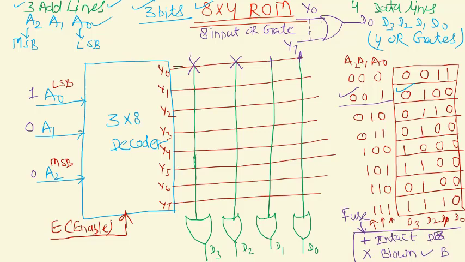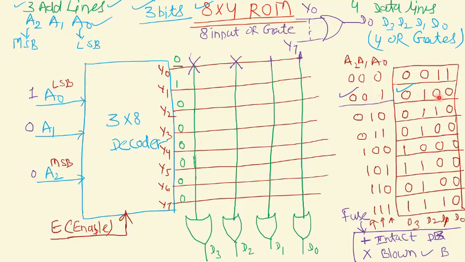Okay, so like this, at the Y1 there will be 1, and all others will be 0. And at this memory location 0 1 0 0 is being stored.